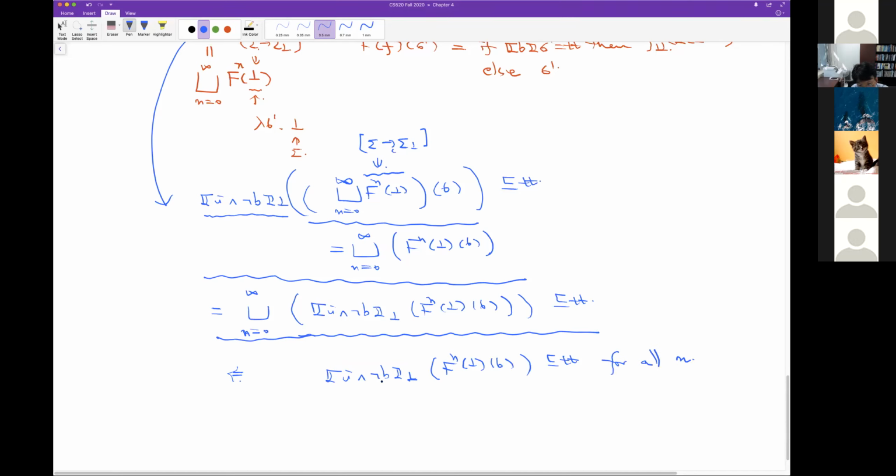What does this mean? This means that true is an upper bound of every element in the chain, and that's going to be an upper bound of the least upper bound of this chain. Okay, so this is what we have to prove, and we can prove this by induction.